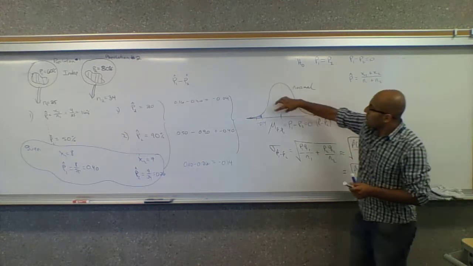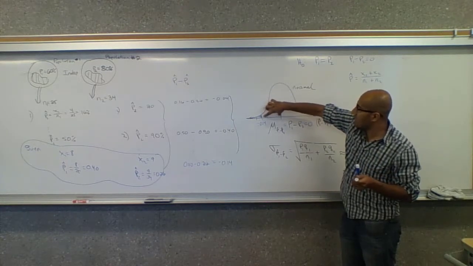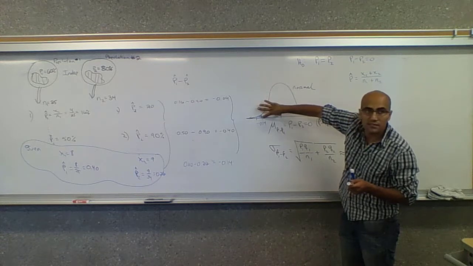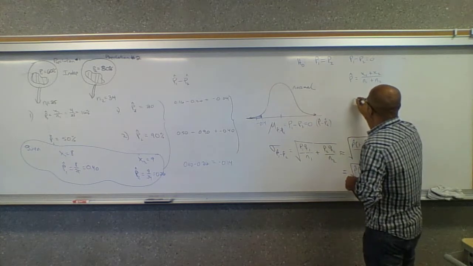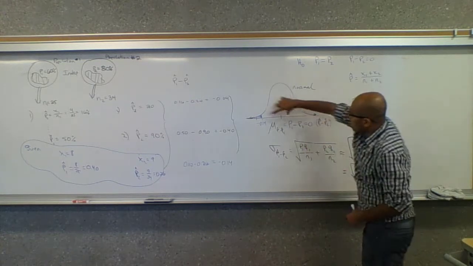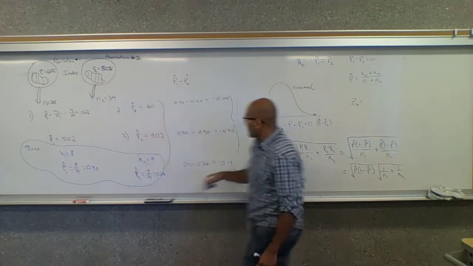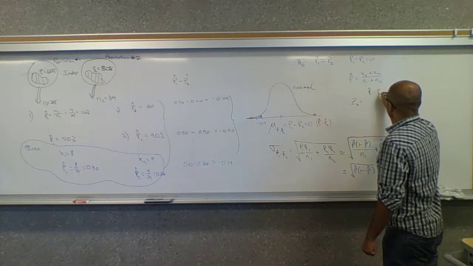So therefore, to find it, we can standardize it. To standardize it, we find the z value. The z value is going to be equal to this distance divided by its standard deviation, right? And that's the formula that you're going to get. Z sub naught is equal to, now this distance is going to be this number, which we found by subtracting the p hats. So it's equal to p sub 1 hat minus p sub 2 hat.